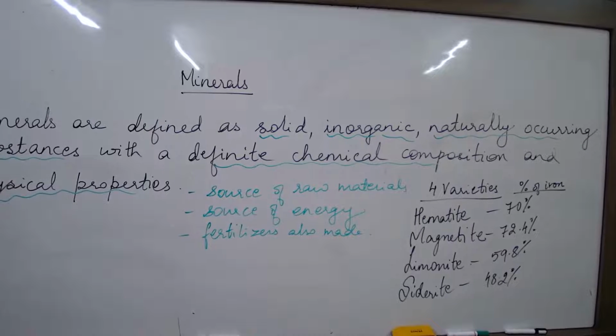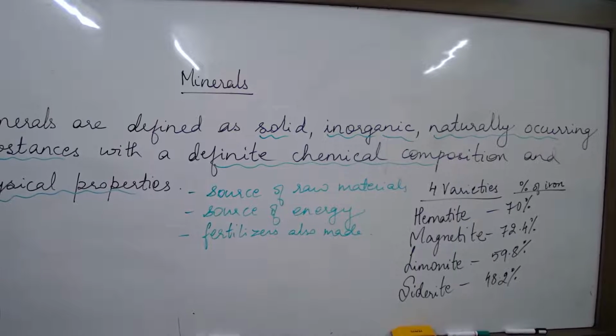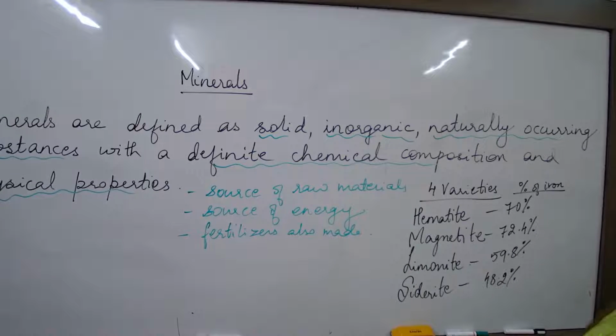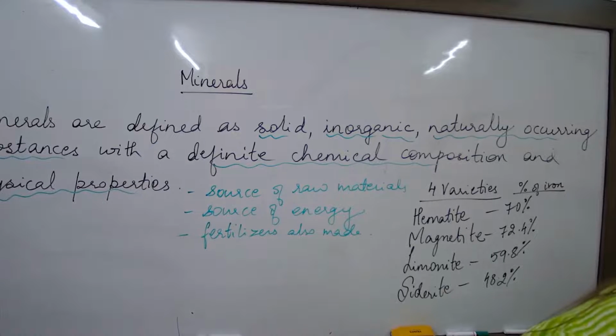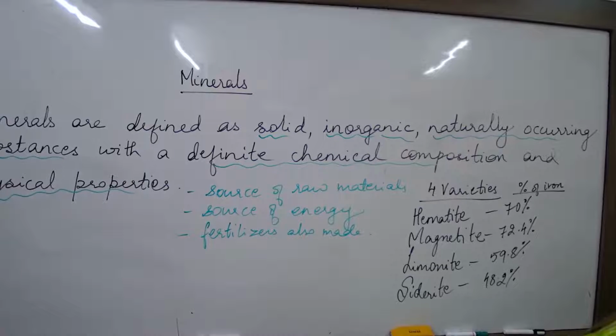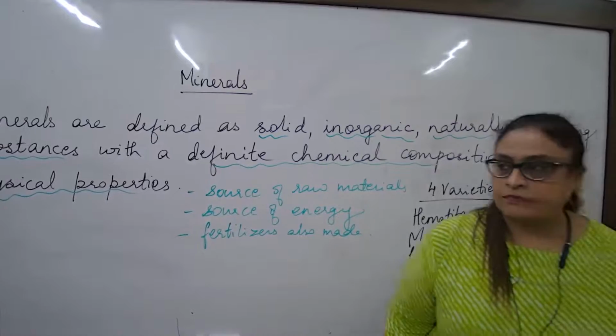Done writing? 5 points. Which are the points you wrote? Using steel, resistant to rust, using in dry-cell batteries, bone development, using colored glass, and using in bleaching powder. Okay.